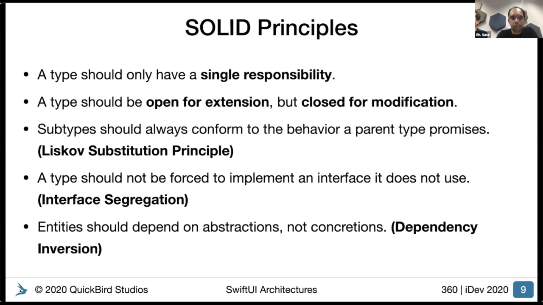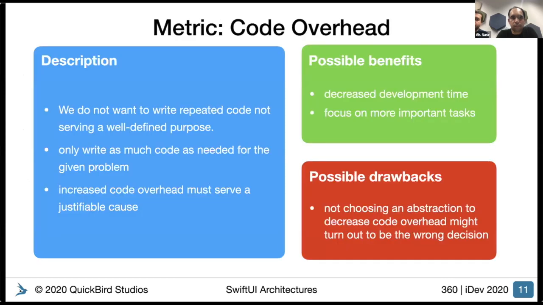So what we mean by that is, for example, we want to reduce code overhead. We don't want to write repeated code which is not really serving a well-defined purpose, for example all of this boilerplate code that you need to write for certain architectures.